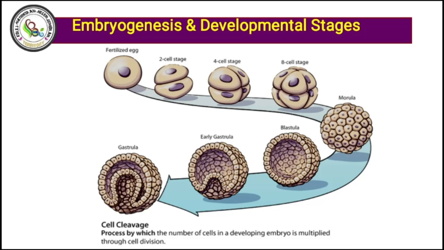A blastocyst refers to a fluid-filled hollow sphere, a ball of cells. When the blastocyst cells migrate inwards, it leads to the formation of layers of cells called germ layers. The embryo now is known as a gastrula.